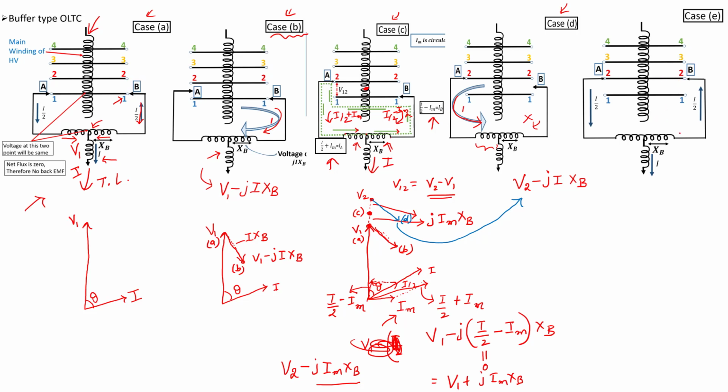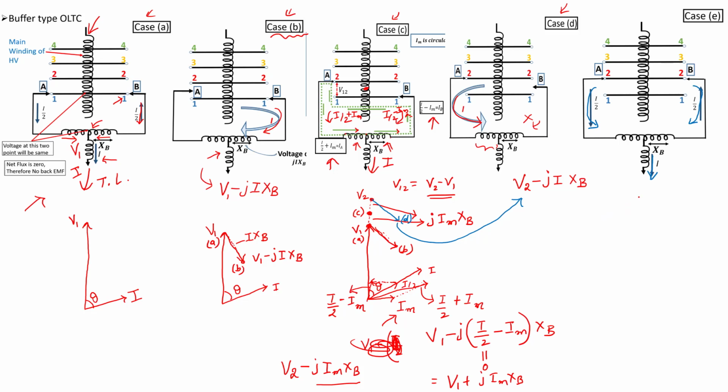In this case, E and case A are exactly similar, only that in case A it is 1 1, in case E it is 2 2. So exactly half of the current will be flowing. Sorry, this is in this direction, I by 2. So this is in this direction, I by 2. So both half currents will be going through the winding like this.